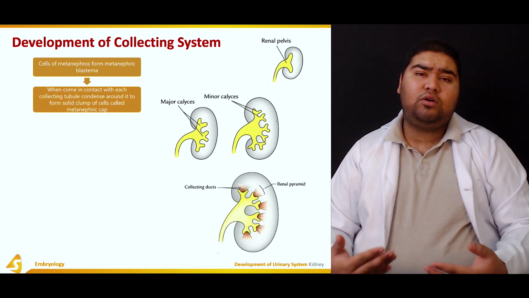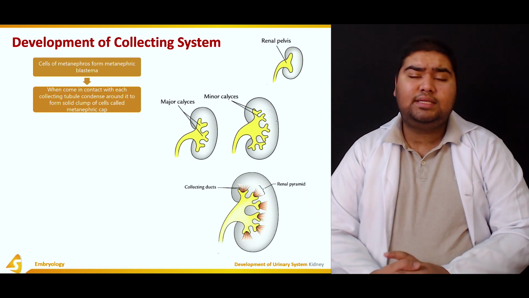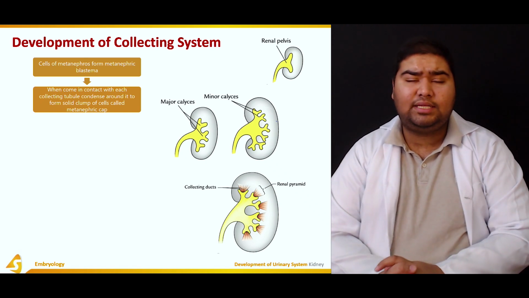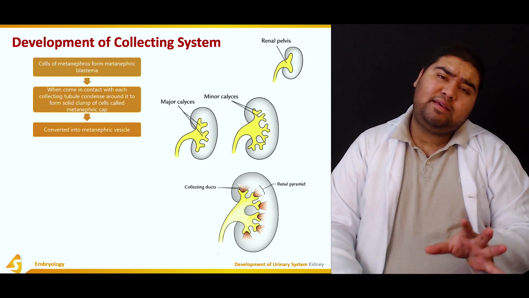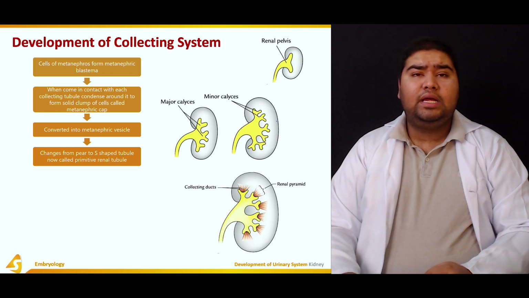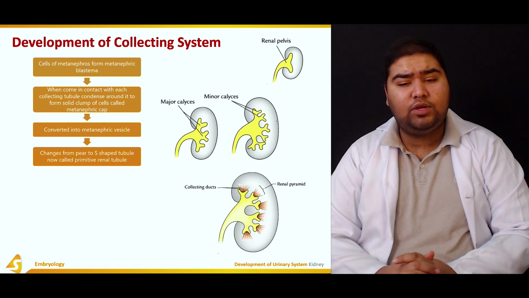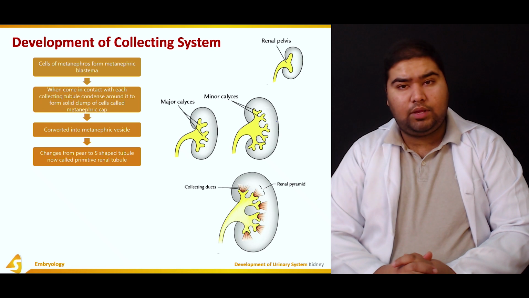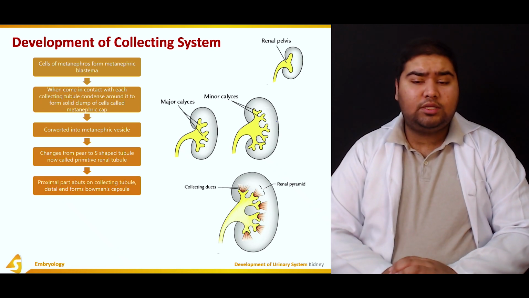When they come in contact with the collecting ducts, the collecting tubules, there's formation of condensation around these collecting tubules, which is known as the metanephric cap. Now this metanephric cap is converted into a metanephric vesicle. It changes its shape from a pear-shaped vesicle to an S-shaped tubule, and it is now called the primitive renal tubule. So a primitive renal tubule is formed.